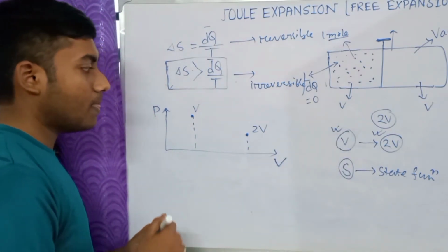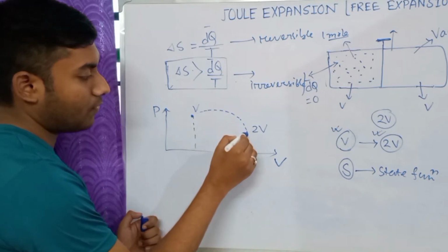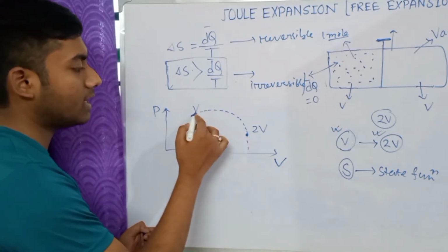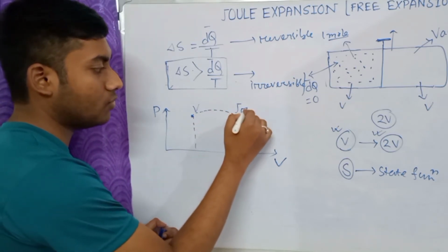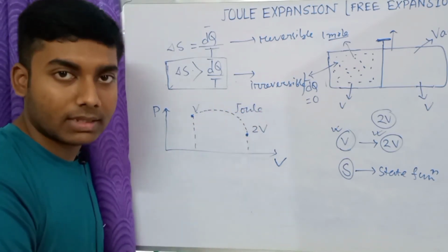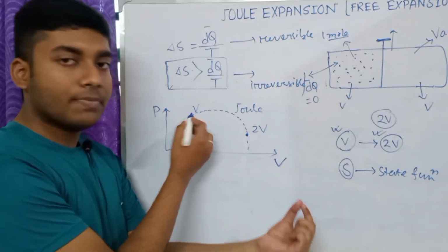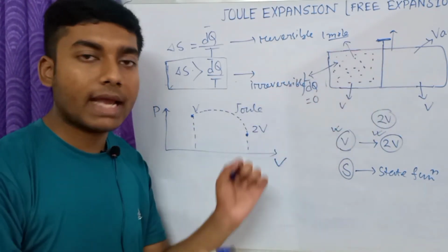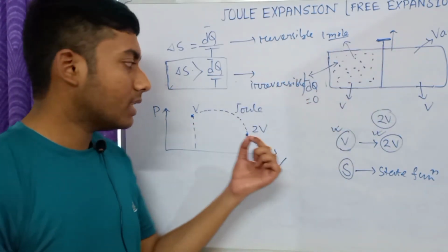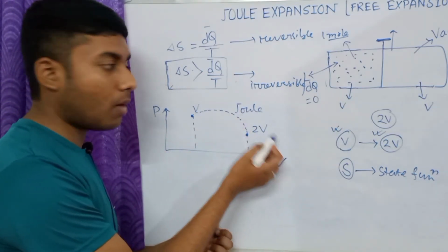Suppose the gas follows this path, this is our Joule expansion path. The gas of this compartment of volume V follows this path, and after this expansion the gas has expanded to volume 2V from volume V.